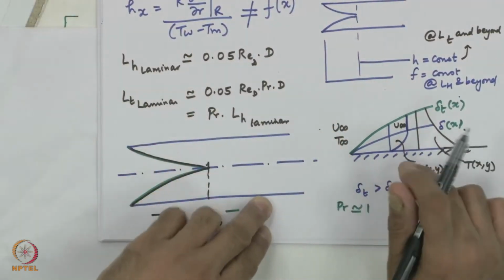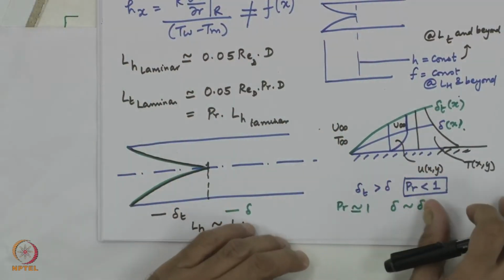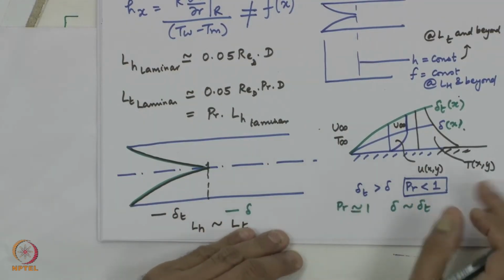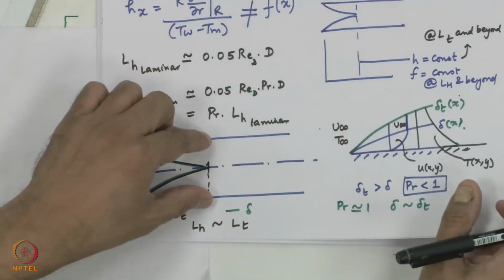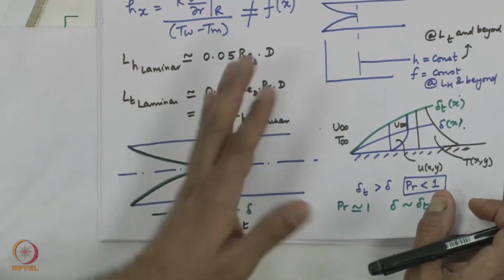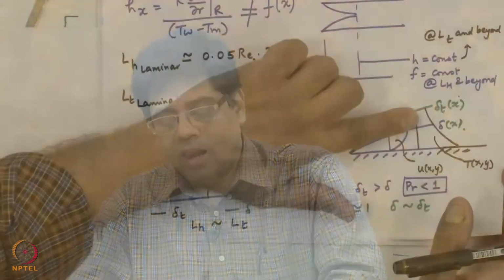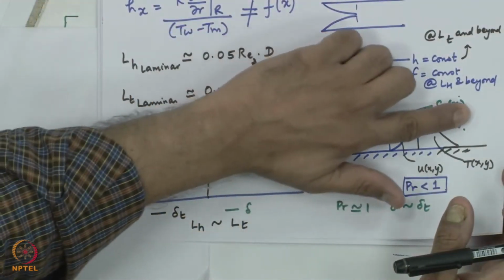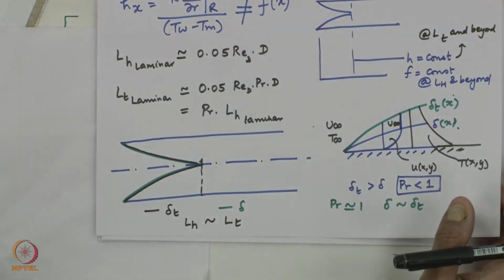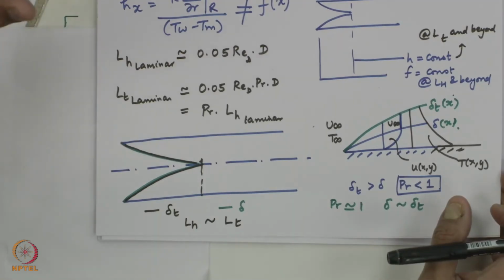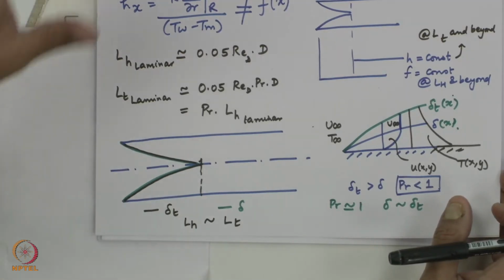As we saw here, in my energy equation, when I try to solve rho Cp u dT by dx, the u here is now going to be invariant at any x, just as how u became equal to u infinity in this part. When I looked at the Navier-Stokes equation beyond y equal to delta, I had to use u when I had the coupling rho Cp u dT by dx.